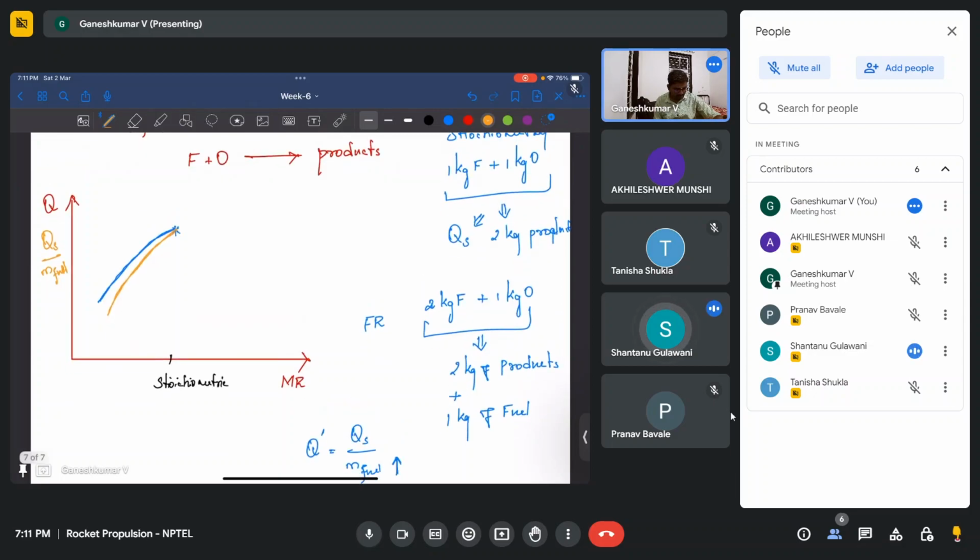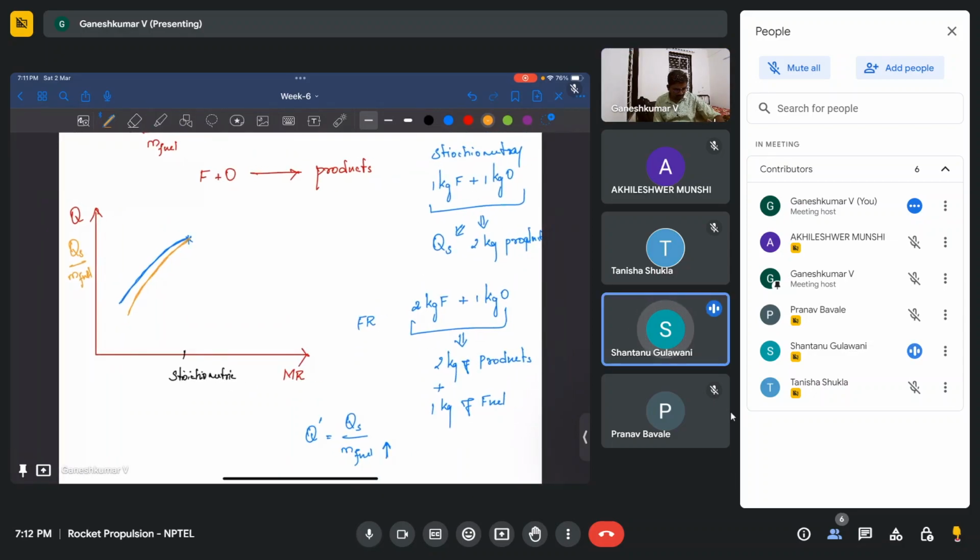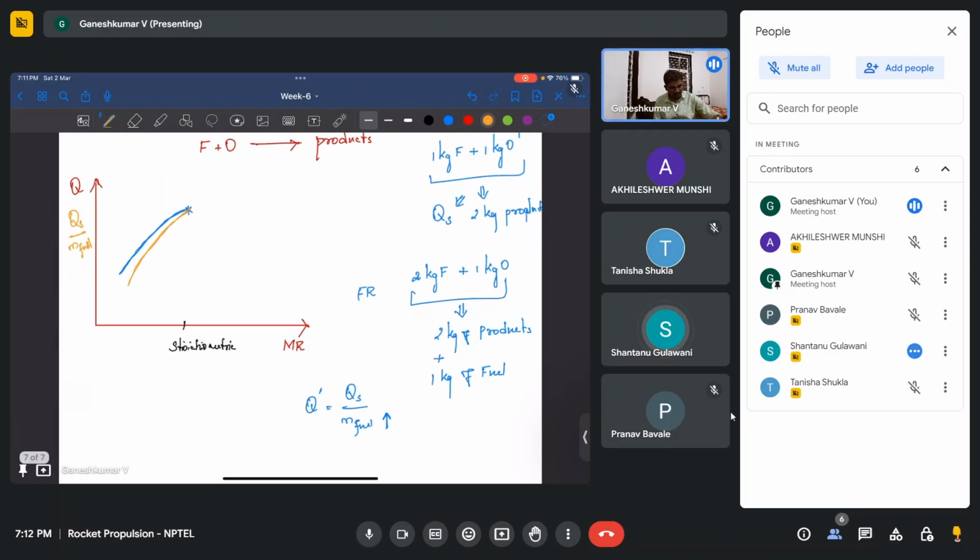Yes. And the other case that you were just about to discuss was, I think, the oxidizer rich case. So basically fuel lean, right? There, what happens? Again the same thing. Your Qs is going to decrease. So basically this is how it will be, right?